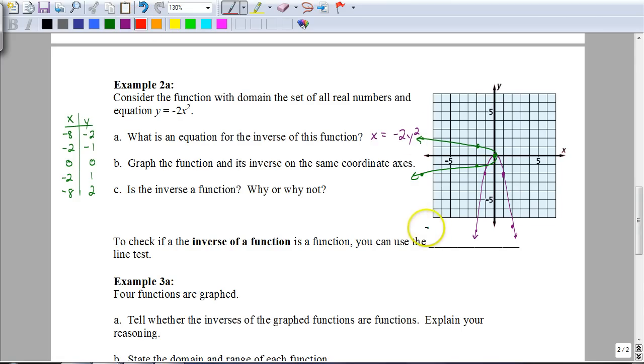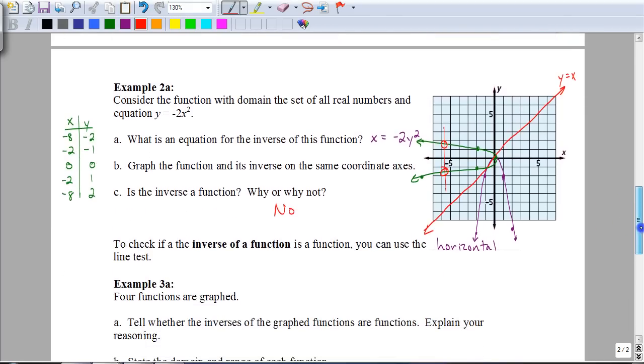Again, just like we've already noted, there's our line y equals x, and it's a reflection over that line still. And to answer part C, it's not a function.